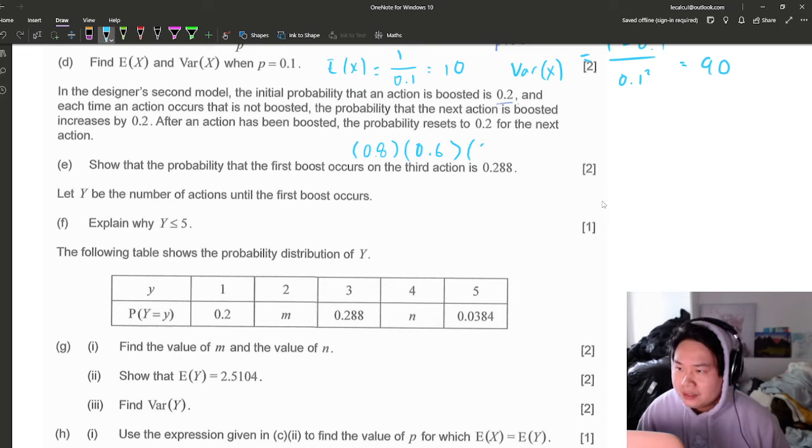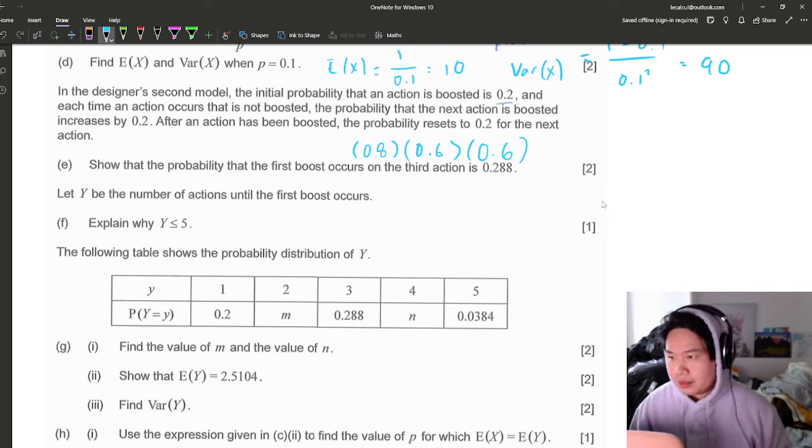And for the third one, each time you get plus 0.2, right? So by the third one, you have a 0.6 chance of being boosted. If you multiply those out, you get 0.288.